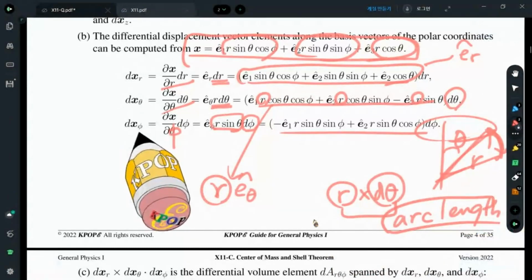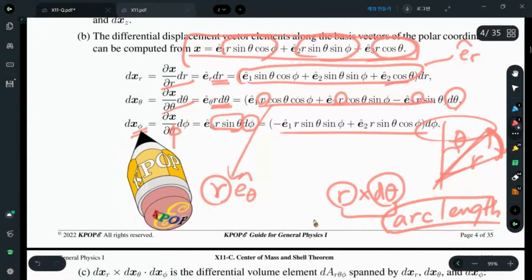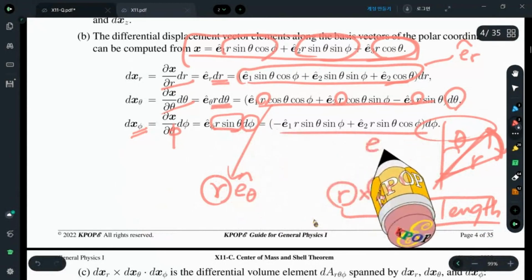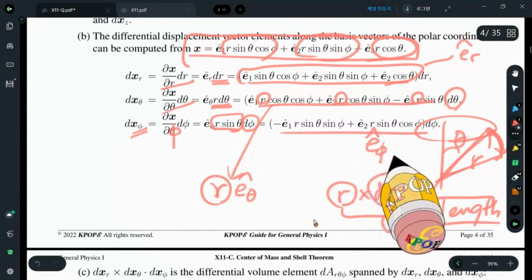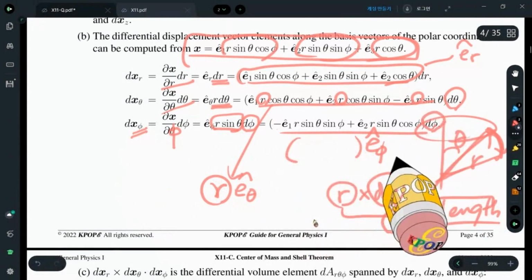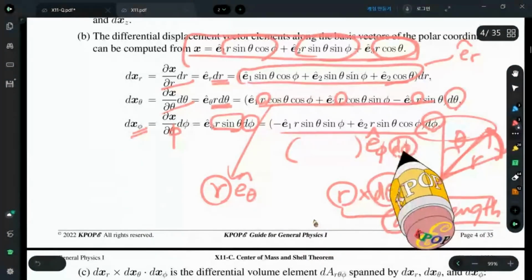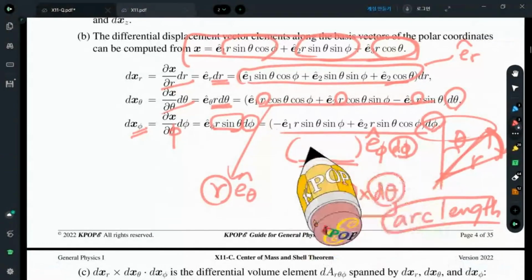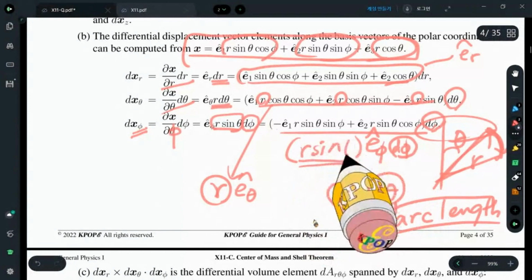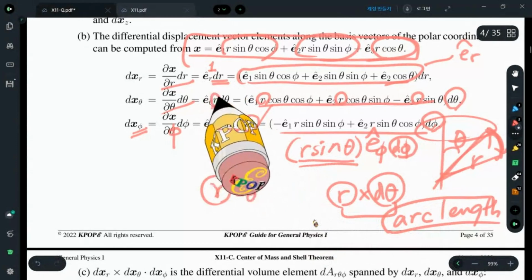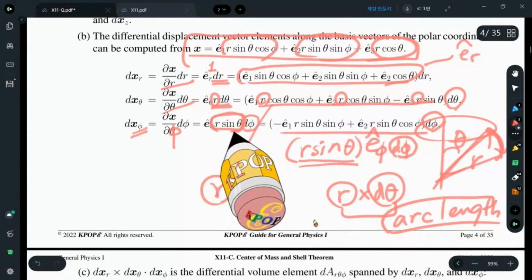In a similar manner, when we vary the azimuthal angle, the same thing appears. It is proportional to the unit vector along the azimuthal direction. However, this is angle only. I need to have a scaling factor that is a radius. That planar radius on the xy plane is just simply r sine theta. That's the reason why a factor of r sine theta appears.